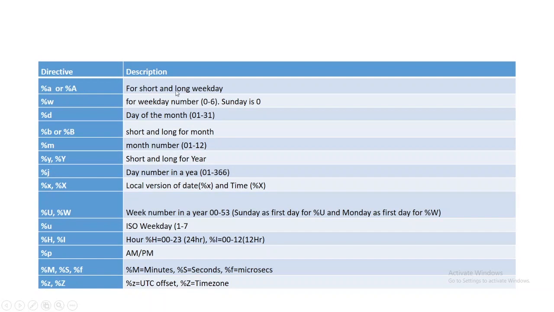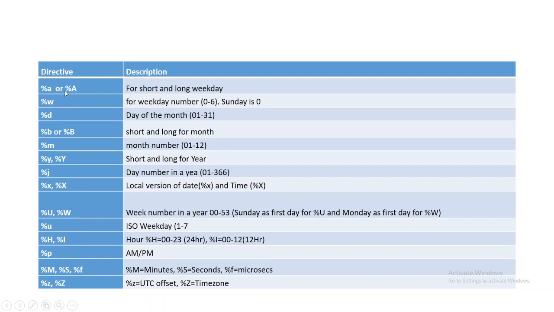For short and long weekdays, you use %a for short and %A for long. If you type in something like Wednesday and wanted to show only Wed, you'd use the small a.